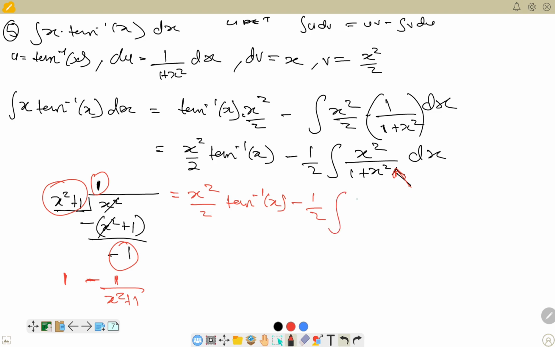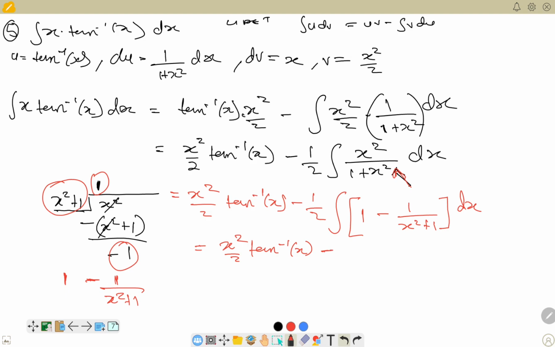So here we will have the integral of 1 minus 1 over x squared plus 1 dx. Then we can distribute the brackets there, but when we are here, we are almost done. Let's just write it in a nice form.